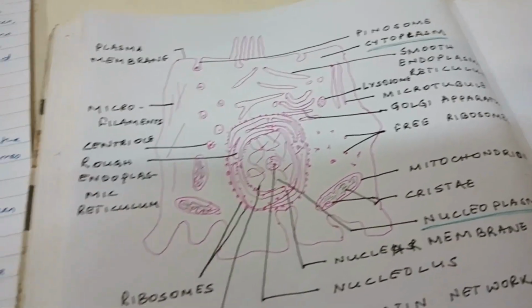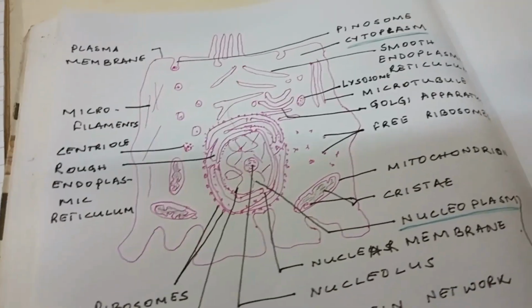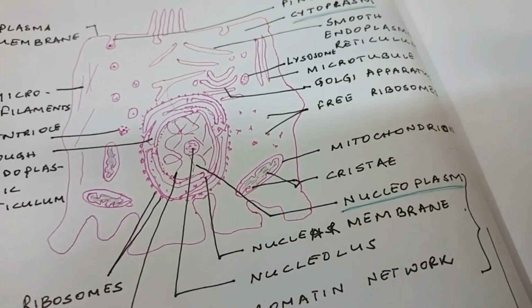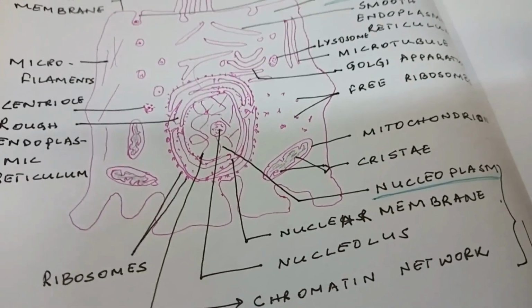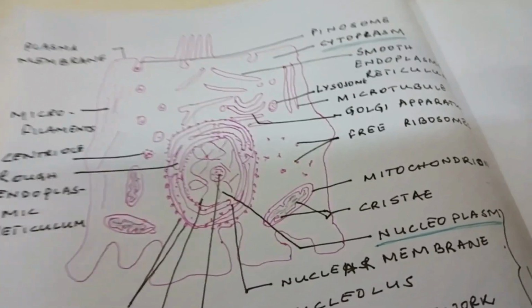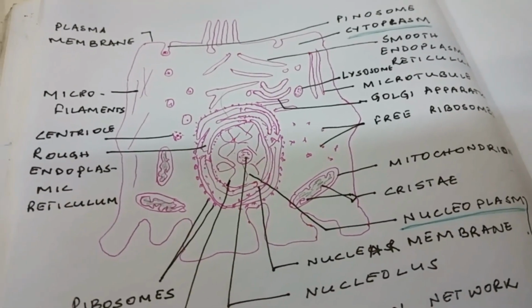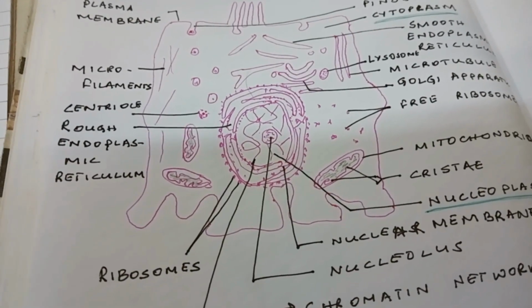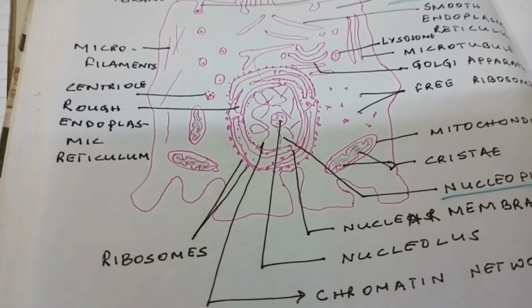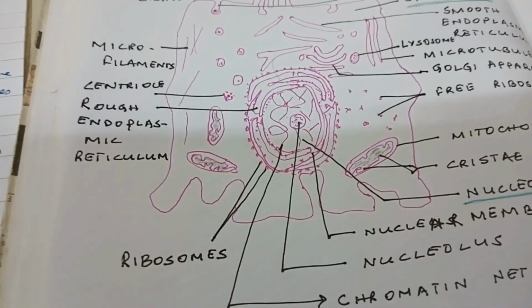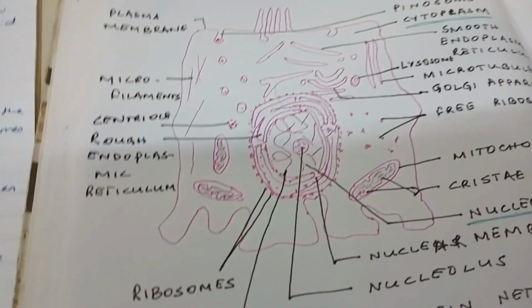Number 2, it helps in the exchange of materials between different organelles. Number 3, it helps in the breakdown of glucose. That is, glycolysis takes place in the cytoplasm. Number 4, biosynthesis of nucleotides, proteins, and fatty acids takes place in the cytoplasm.